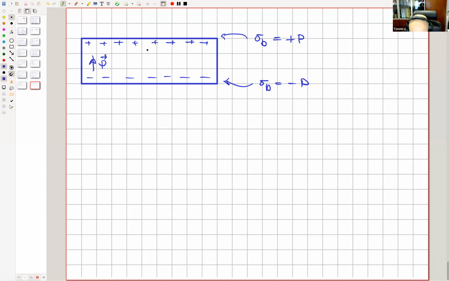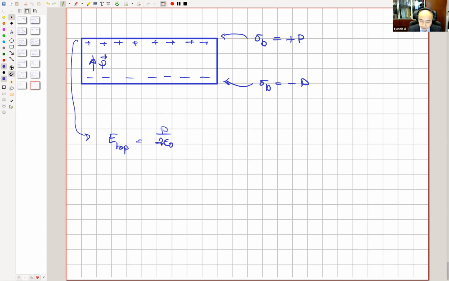So I know that the electric field generated by the top plate, let's just call it top, is just sigma over 2 epsilon naught.